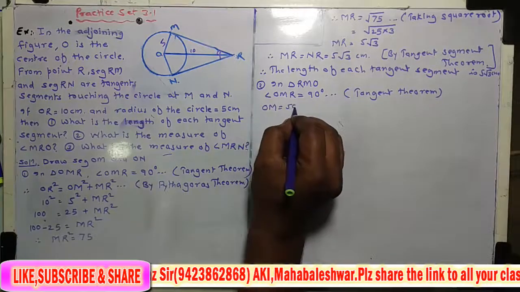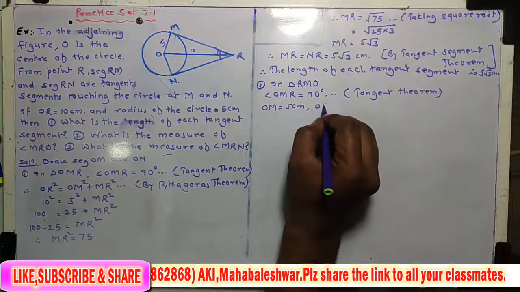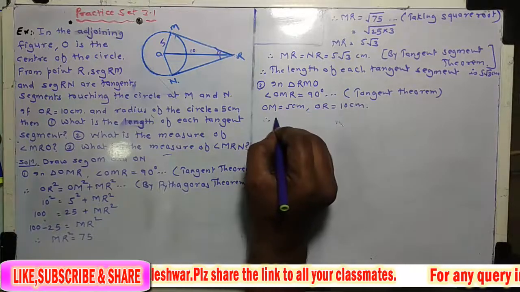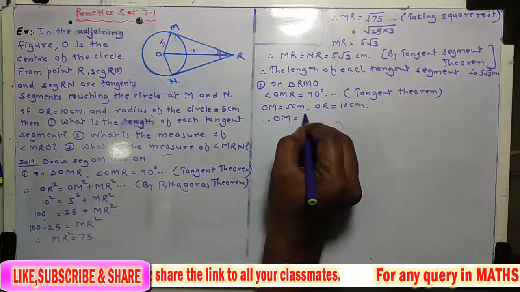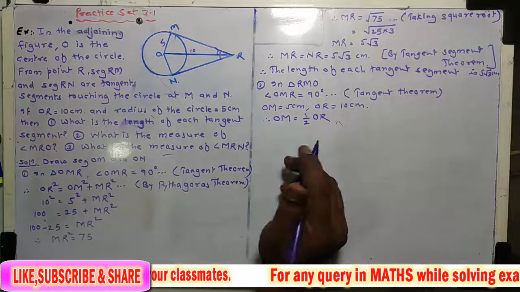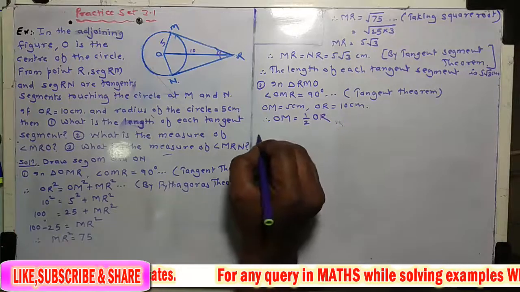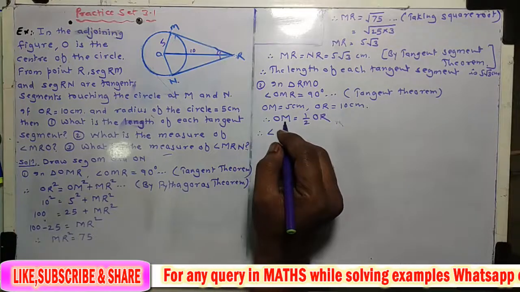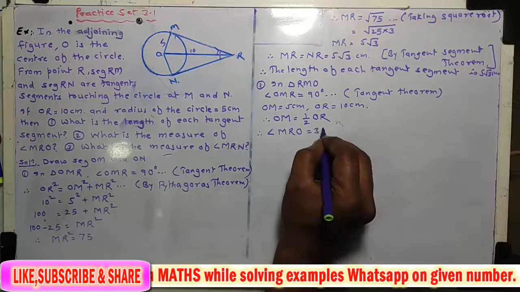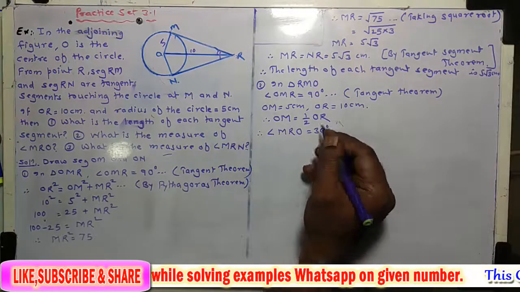OM is equal to 5 centimeter and this OR is equal to 10 centimeter, right? And therefore we can write OM is equal to half of OR. Okay. And therefore angle MRO is equal to 30 degree.